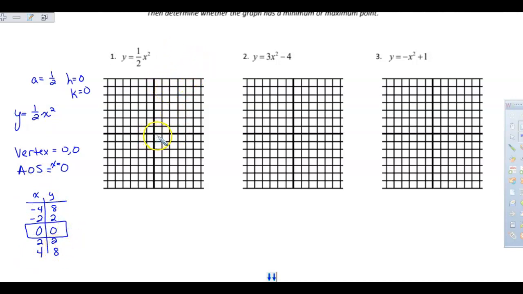Let's see, if we do these by 2s, I should be able to make it fit. At -4, 8; -2, 2; 0, 0; 2, 2; and 4, 8.